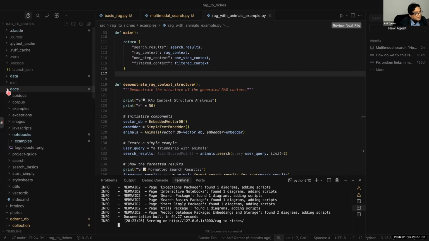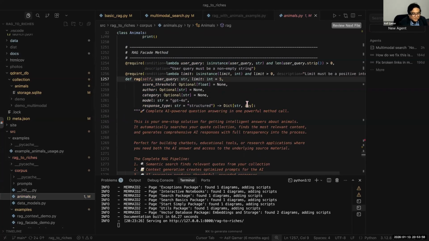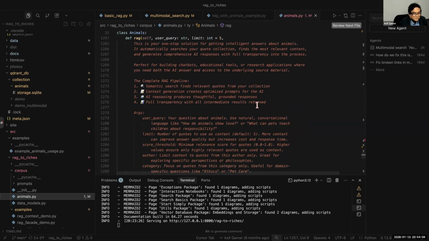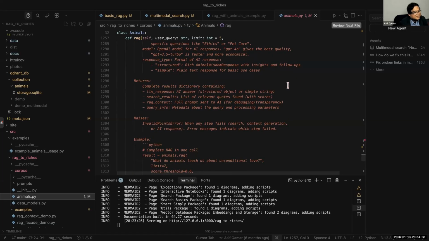And that's the last thing I'll do, and then we can all call it a day. RAG returns a dictionary of what? If you look at it carefully, see what all things it returns. It returns the result, the LLM response. We always think of the answer as the LLM response.